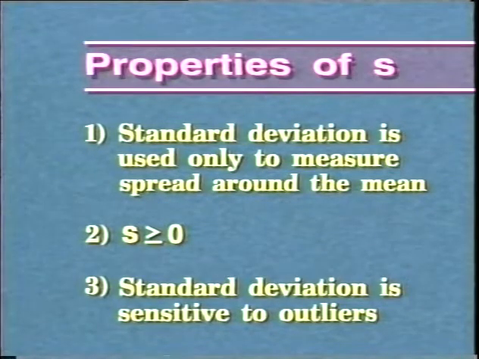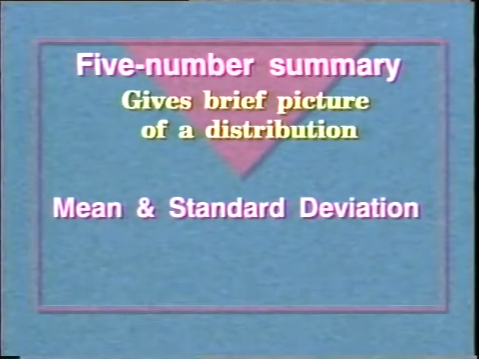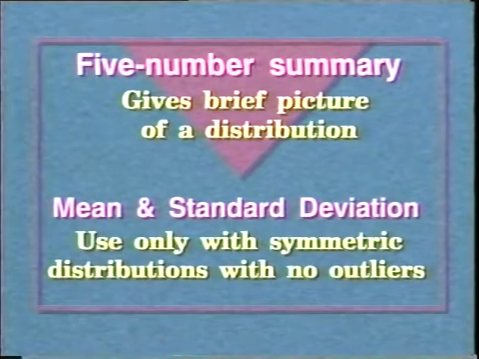Now you know two numerical ways to describe the center and spread of a distribution: the 5-number summary and the mean together with the standard deviation. The 5-number summary generally gives a clearer, brief picture of a distribution. In general, you should only use the mean and standard deviation when you know that your distribution is roughly symmetric with no outliers.